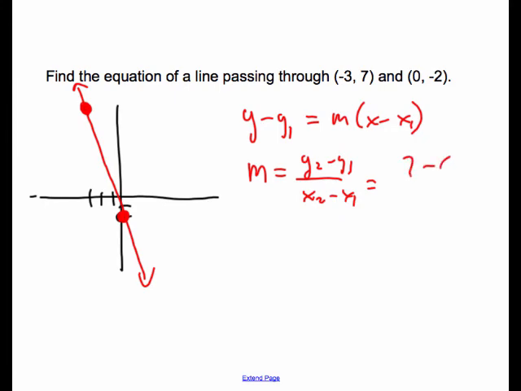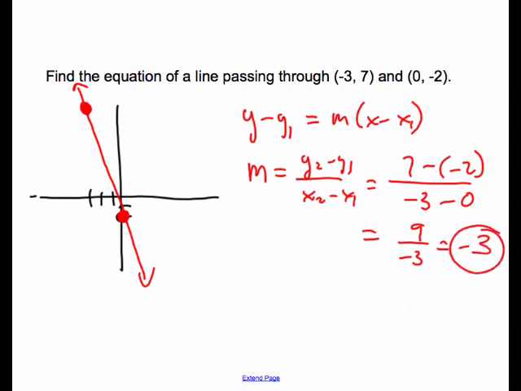So 7 minus negative 2 over negative 3 minus 0 would be 7 plus 2, 9 over negative 3. So the slope of the line is negative 3. It's a negative slope, the line is falling at a rate of 3 y units drop for 1 unit of x.